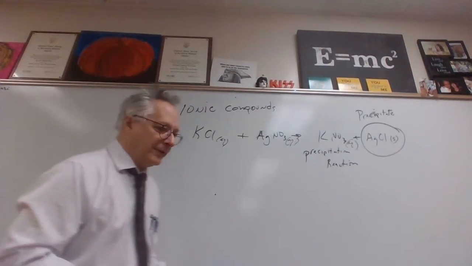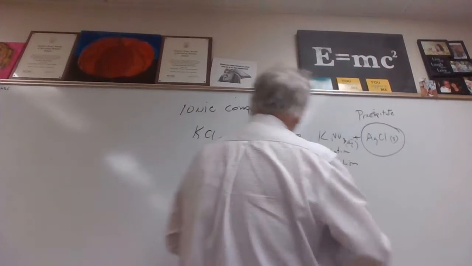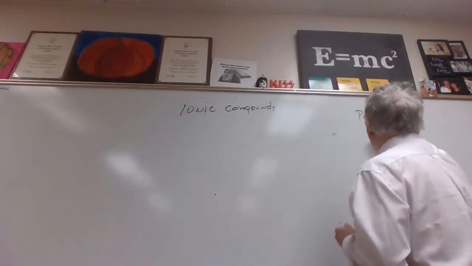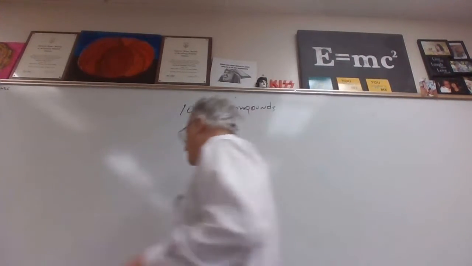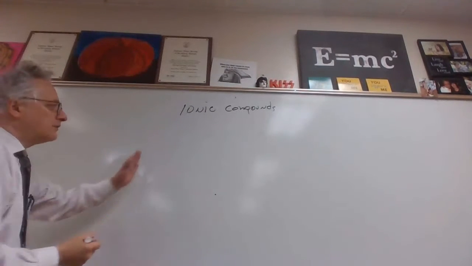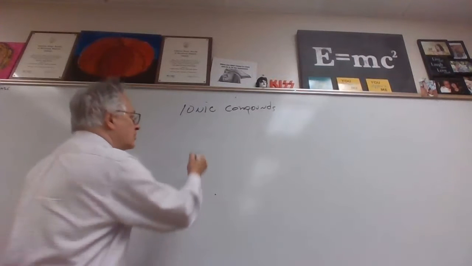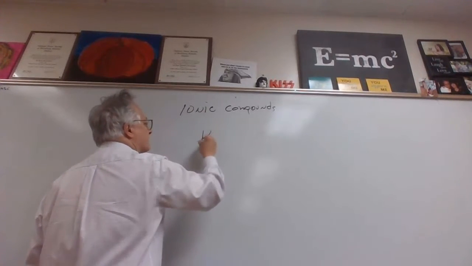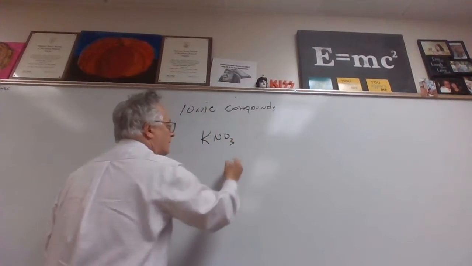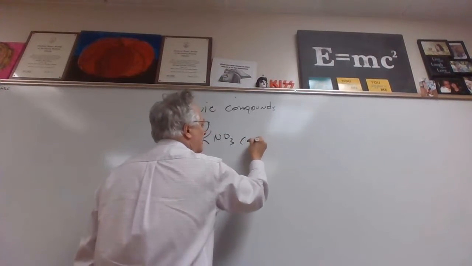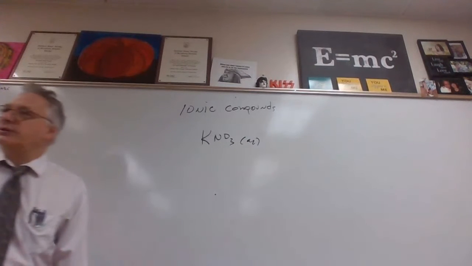I want to show you something now about ionic compounds in solution. So first of all, if I take an ionic compound that dissolves, let's go back to KNO3. If I mix that up in water, it'll form an aqueous solution.